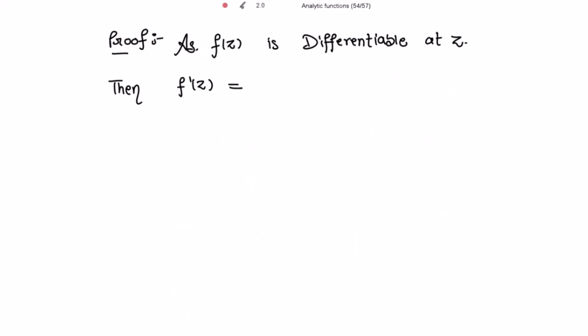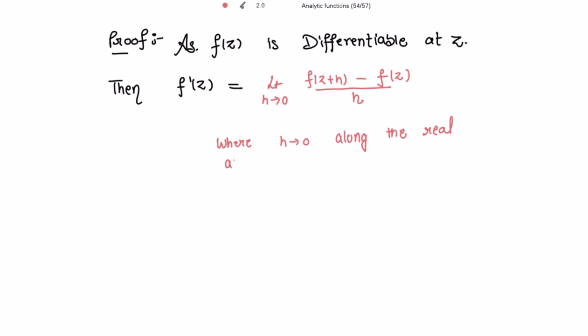Now as f(z) is differentiable at z, f'(z) is equal to the limit as h tends to 0 along the real axis of [f(z+h) - f(z)]/h. Then the next time we take h tending to 0 along the imaginary axis.